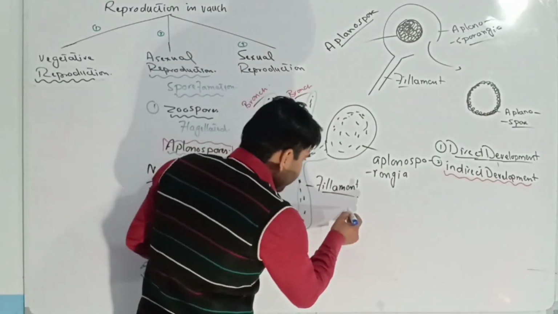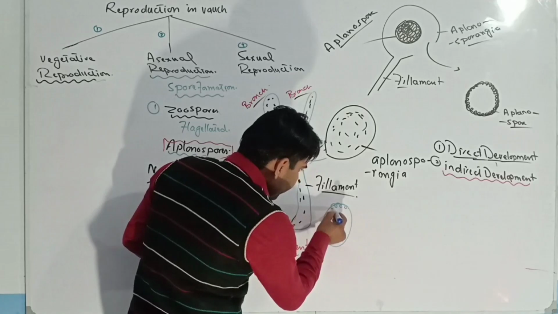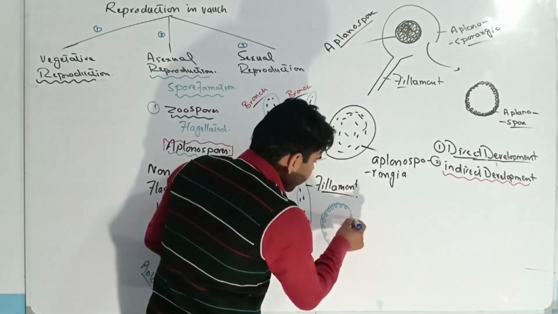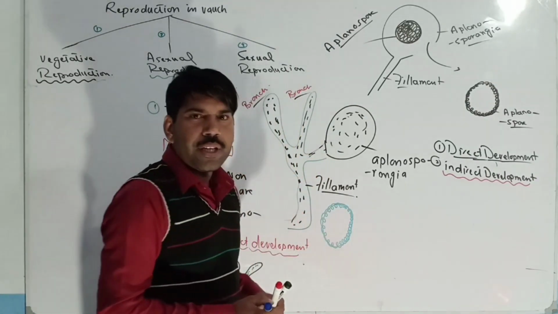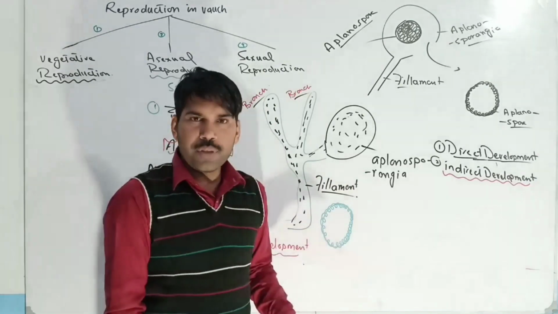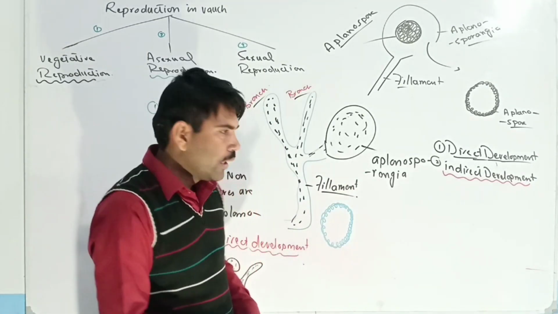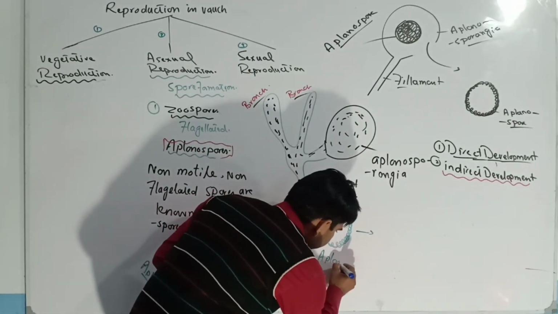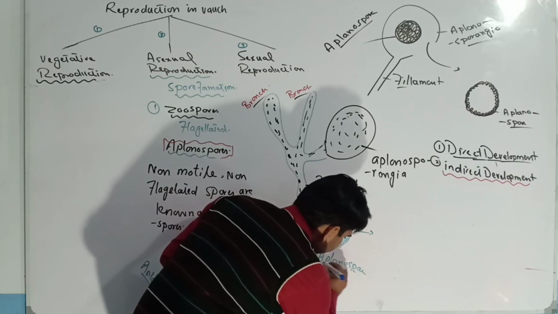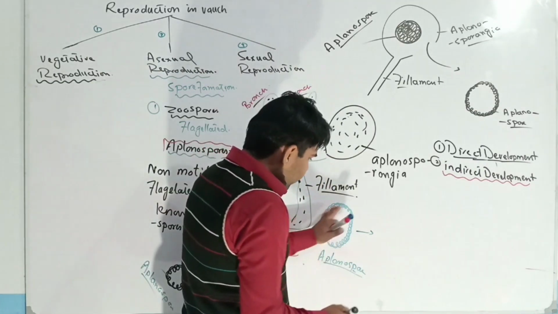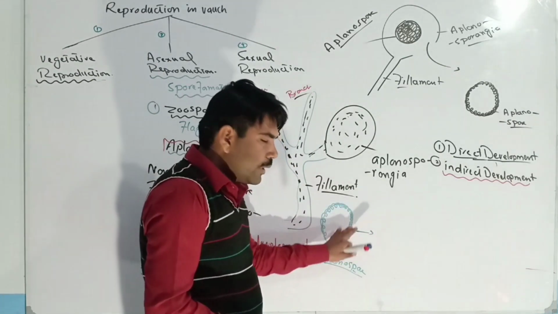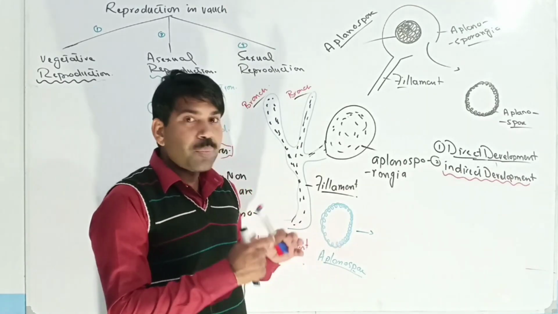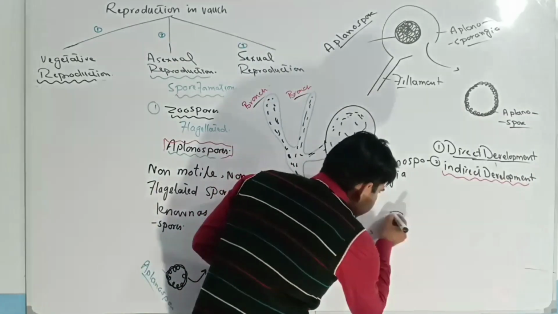For example, this one is an aplanospore and it is now converting into a new plant body indirectly. How will indirect development occur to produce a plant body of a Vaucheria? Firstly, this is an aplanospore. The protoplast of this aplanospore is converted into many parts or separated into many parts, for example, like this.